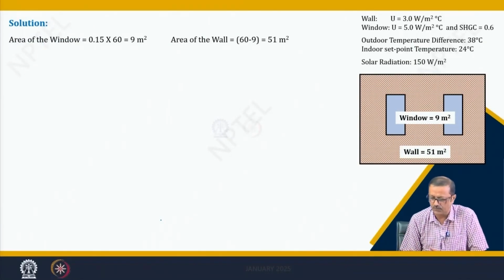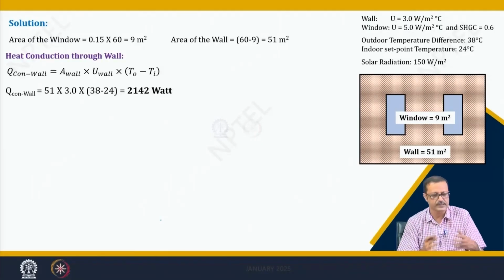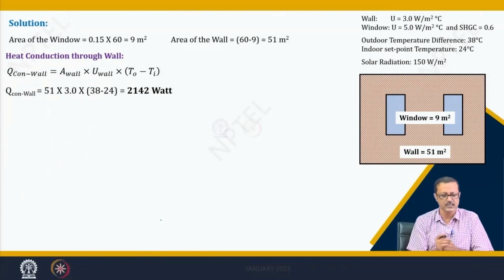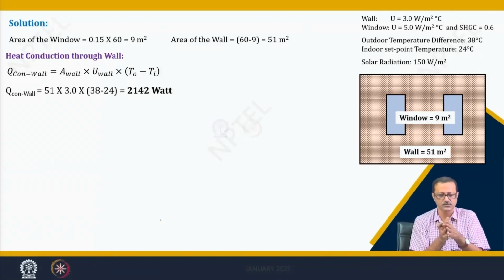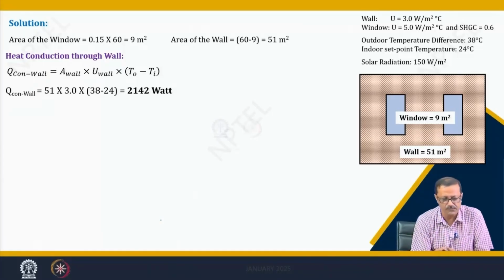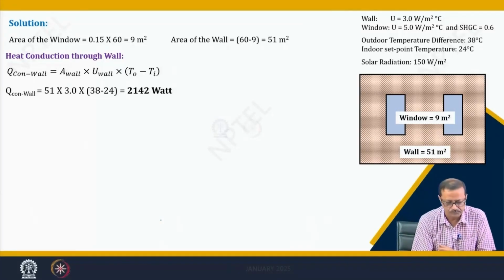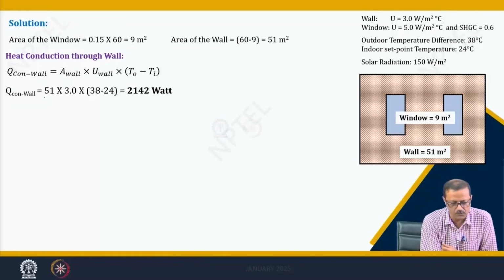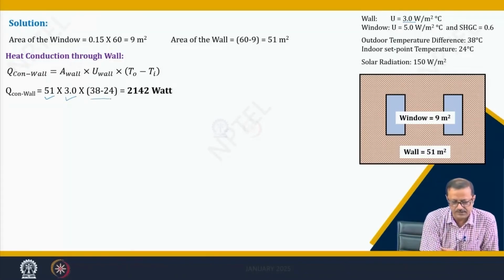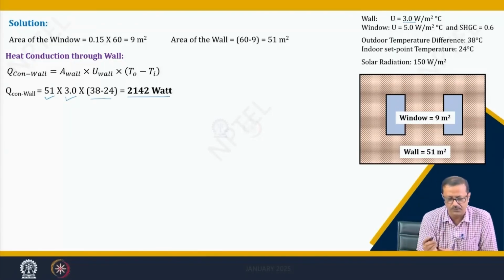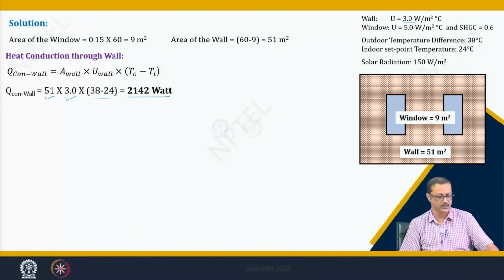So, wall area I know, window area I know. Now I will take the first equation to see how much heat is conducted by virtue of conduction through the wall. I have that old formula which we have discussed in the last lecture. The area of the wall is 51, the U value is 3 that I have mentioned over here, and the temperature difference is this. So, this is 2142 watt.